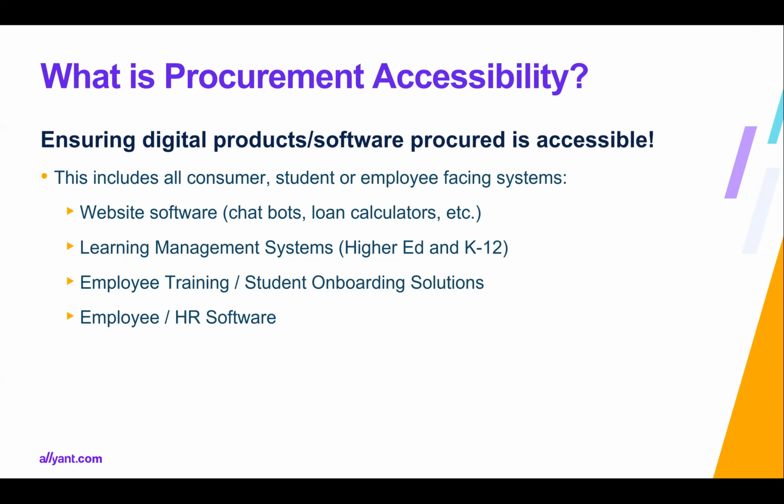Regardless of the type of software you're looking to procure, whether it's something that goes on your website, like a chatbot, a loan calculator if you're a financial institution, or contact forms that are third parties or run through a widget, it could be something much more complex, like a learning management system if you're in higher ed or K through 12 education.